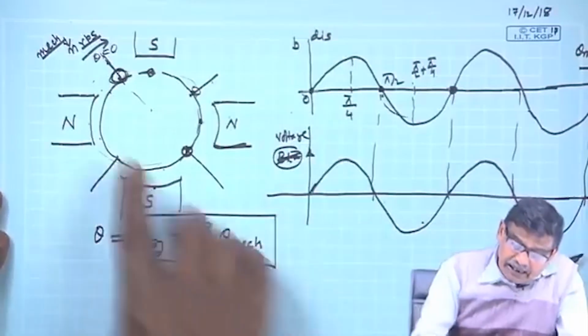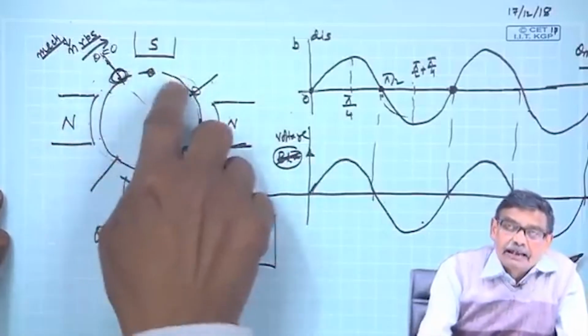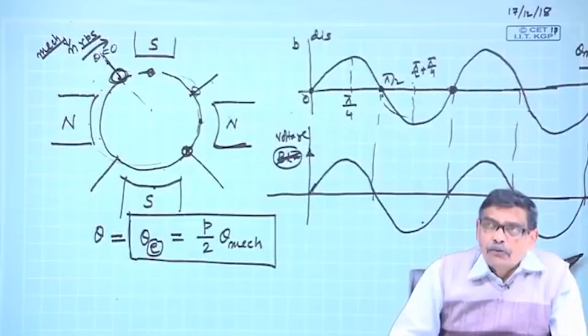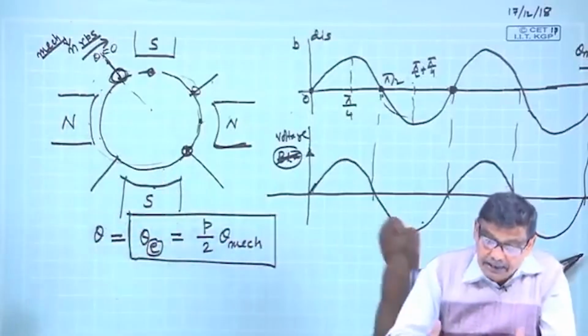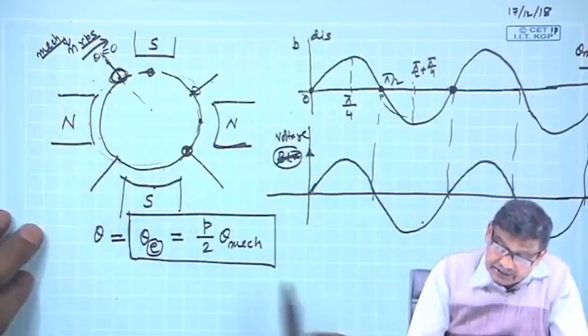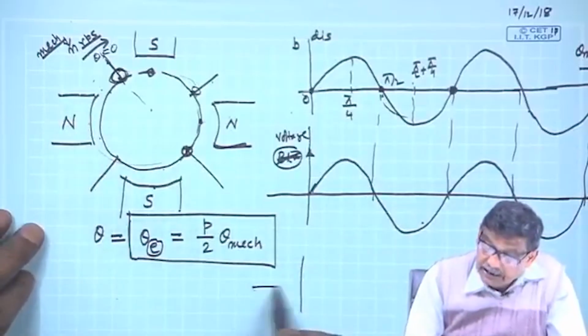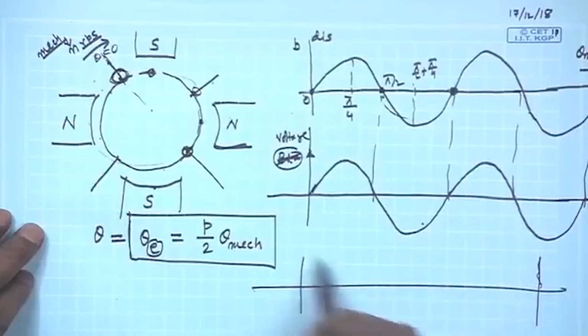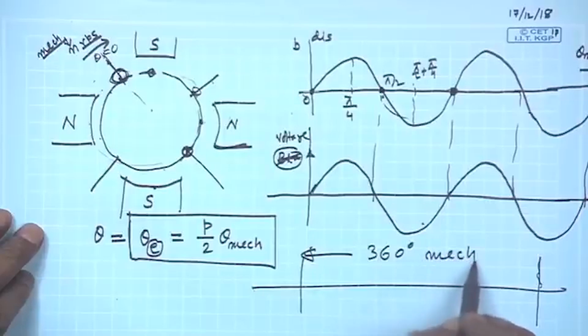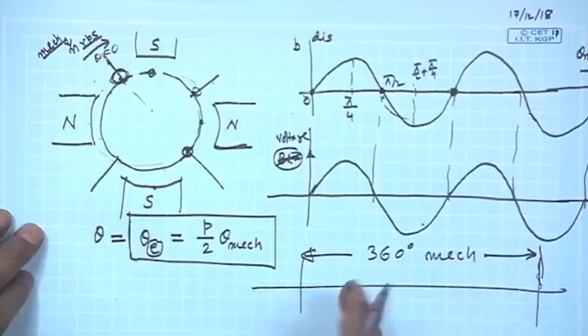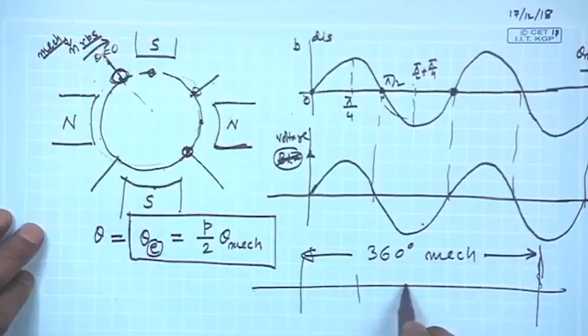That is, over the 360-degree mechanical angle, you have now brought in another two poles squeezed, same 360 degrees in terms of mechanical angle. Suppose this is 360 degrees mechanical. What essentially I have done is, I have divided this 360 degrees mechanical into 4 equal zones.